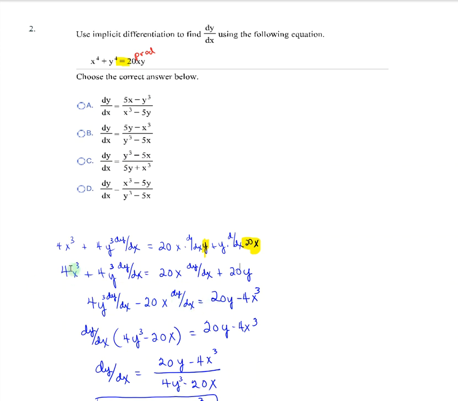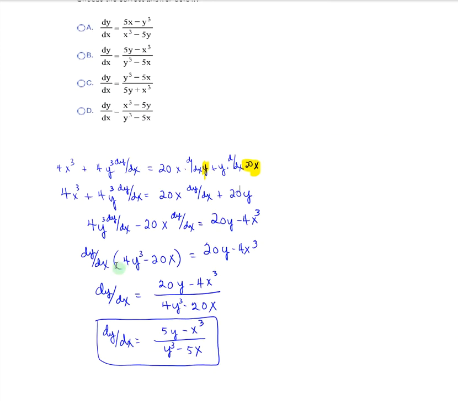And I did move that guy here. I did that all in one step. Probably shouldn't have done that for you. But so all the normal terms are over here. The dy dx terms are here. Then I factored out my dy dx and was left with 4y cubed minus 20x. I divided by that on both sides. And then I did do some cleaning up by factoring.